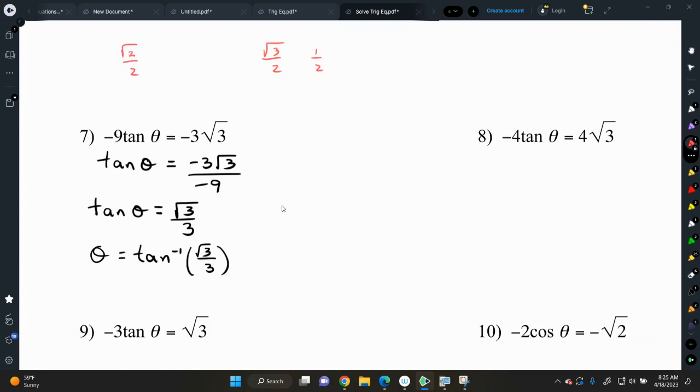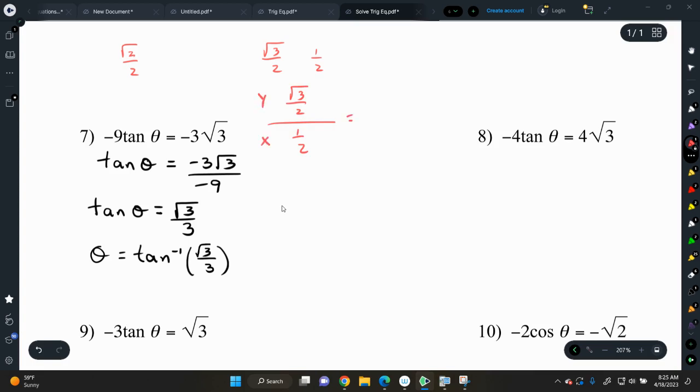All right, so if I do root 3 over 2 over 1/2, so this would be my y, this would be my x, this is going to equal root 3 over 2 times 2 over 1, which is root 3. So that doesn't work. So it's going to have to be the other one, 1/2 over root 3 over 2. So here's my y, here's my x, which equals 1/2 times 2 over radical 3.